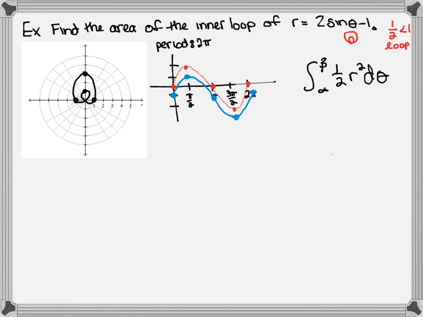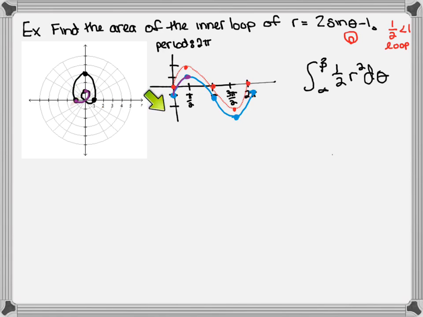So if you look at the graph from 0 to pi, that means that I started at 0, negative 1, so I started here, and then I went to pi over 2, 1, so right here. So I'm following this loop right here.